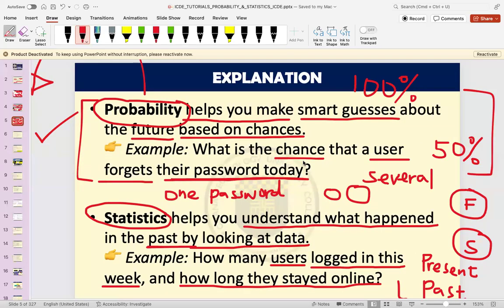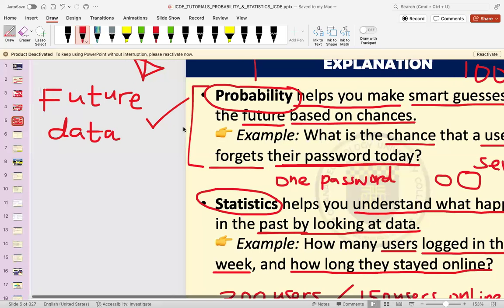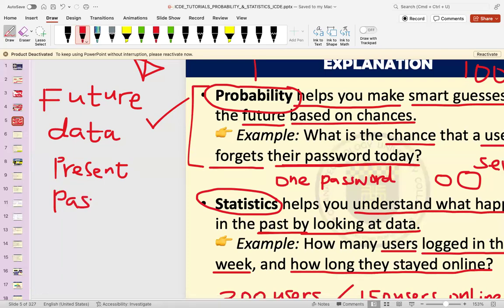Now, the question is, do we need future data? Do we need present data? Do we need past data? Yes, we need them. The fact that you don't know tomorrow doesn't mean you shouldn't plan for tomorrow.